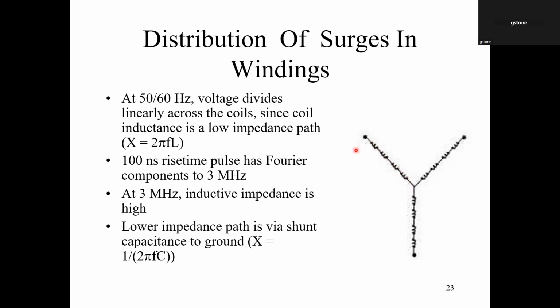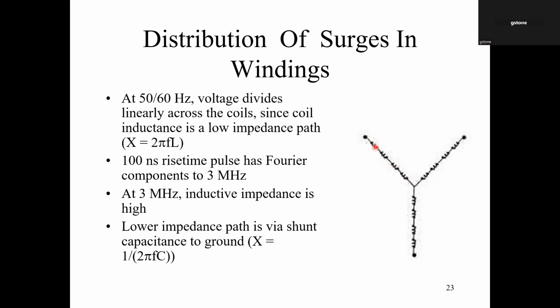Instead, it wants to find a path with least impedance, and that means it's going to find the path to ground through the capacitance, because those copper conductors, you saw, were inserted into that slot. There's a lot of capacitance between the copper conductors and the stator core, and typically it might be on the order of nanofarads or so.